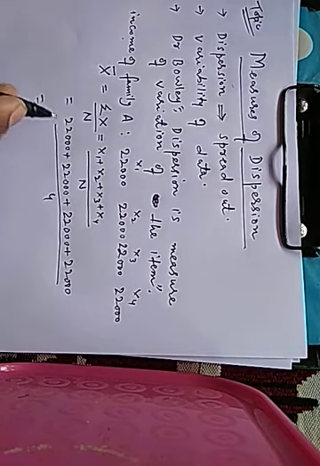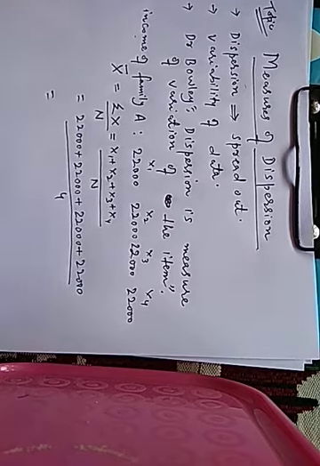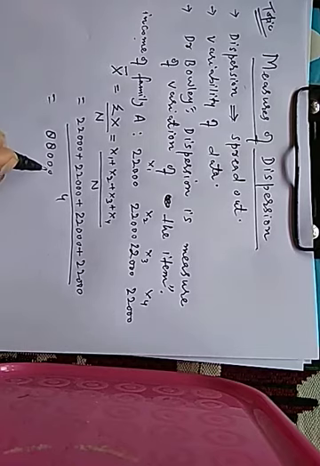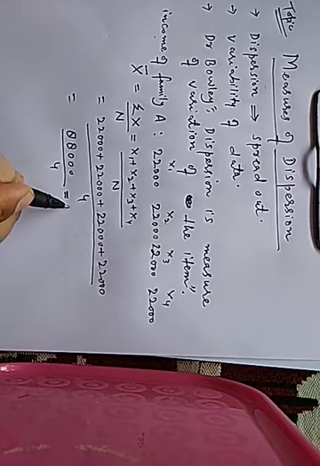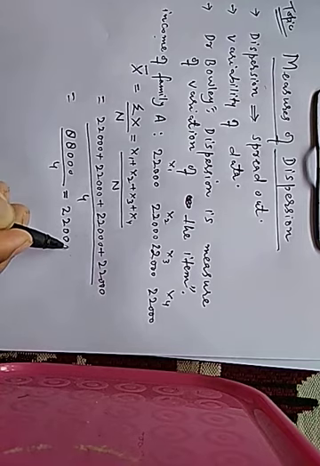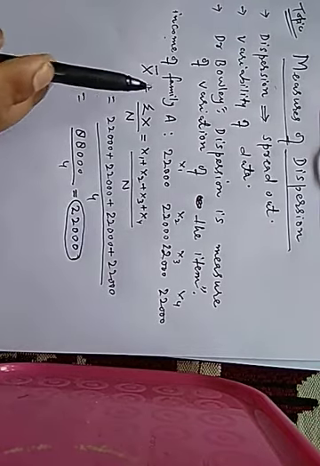Adding up these values gives 88,000 divided by 4, which is equal to 22,000. This shows the average income of these 4 persons.